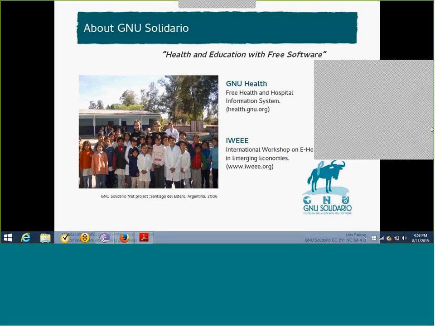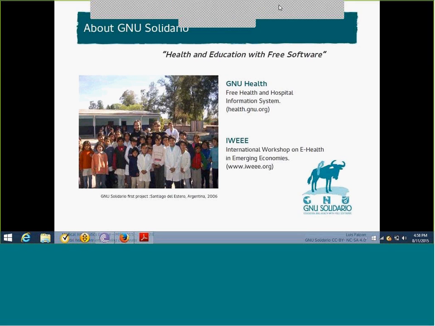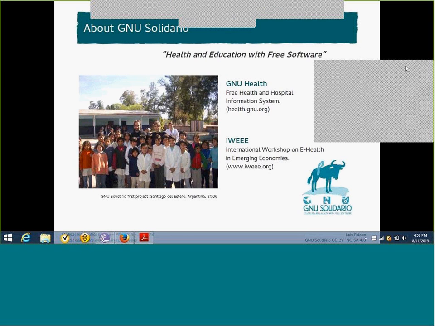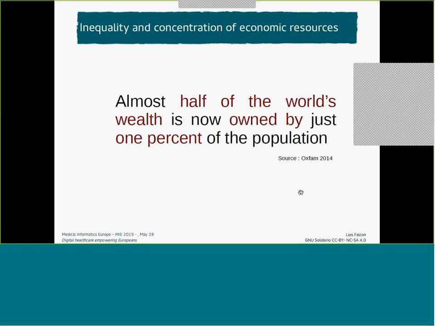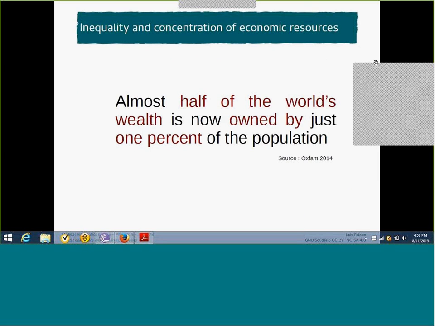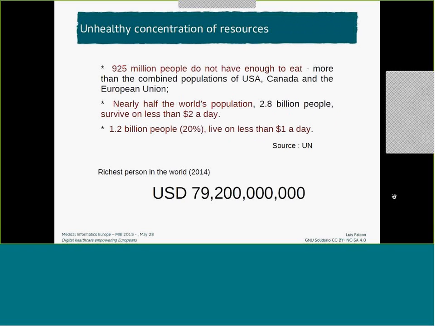You know this, with the concentration of resources, almost a billion people do not have enough to eat, and almost 3 billion people live with less than 2 dollars a day. At the same time, a few people have the number that we see at the end of the slide.